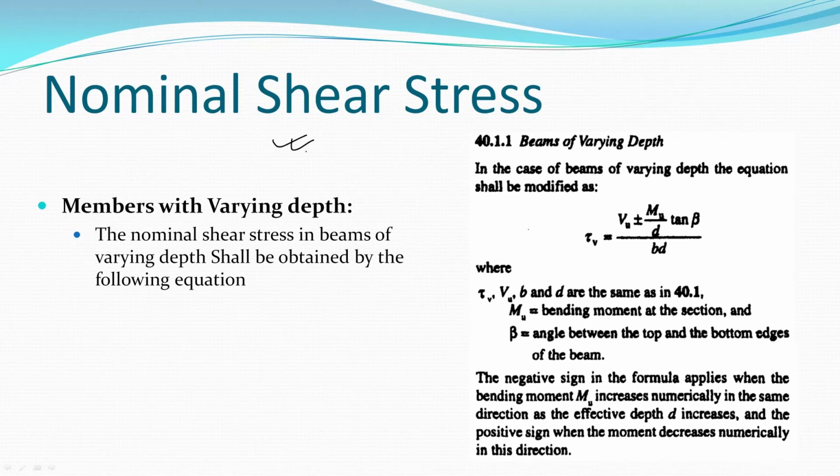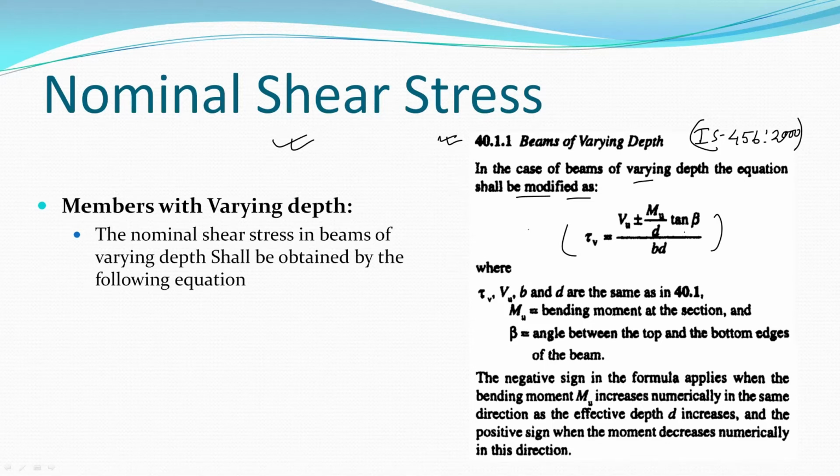Now the nominal shear stress for members with varying depth. If the beam has a varying depth, then we will consider this particular equation, which is given in clause number 40.1.1 in IS 456:2000. Here it is said that in the case of beams having a varying depth, the equation shall be modified as this one, where tau v, the nominal shear stress, and Vu are the same.